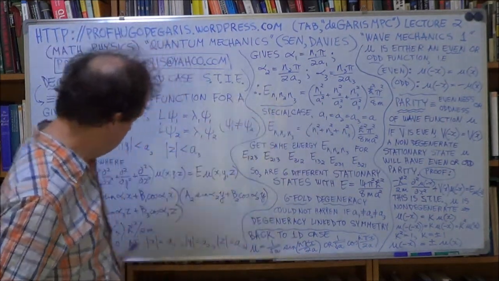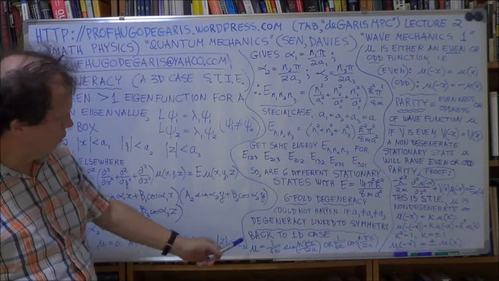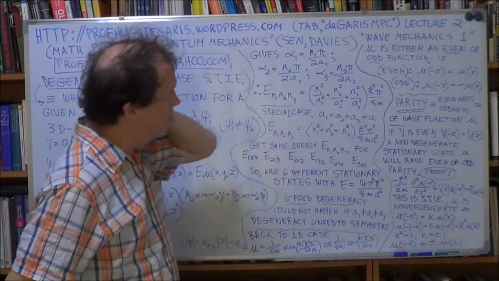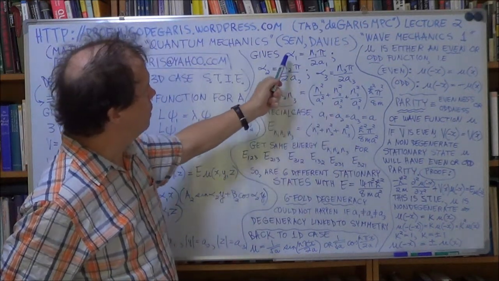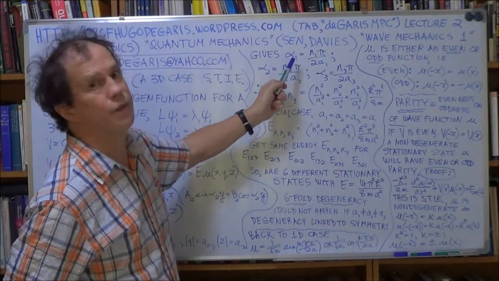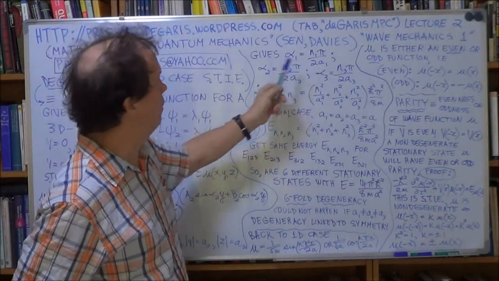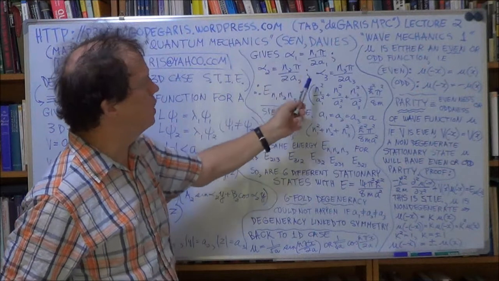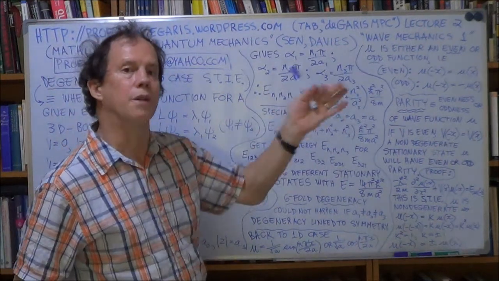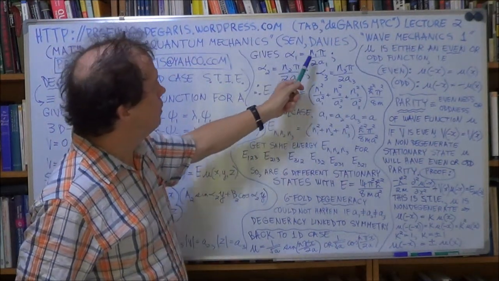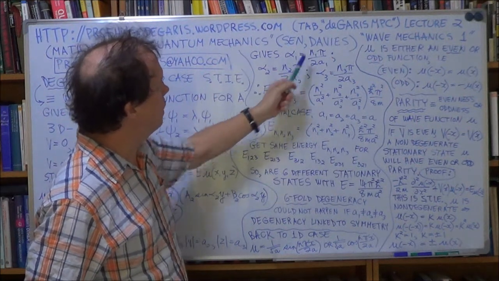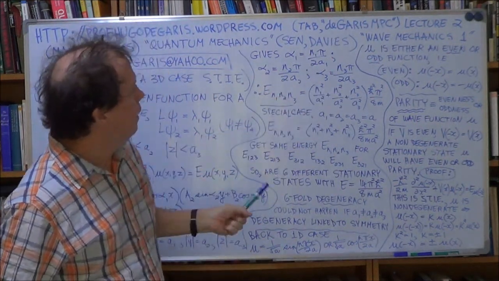So imposing these continuity constraints, you get similar solutions for your alphas. And instead of having just one alpha now, we've got 3 of them, one for each dimension, x, y, and z. Okay, and you'll now have 3 integers, n1, n2, n3.